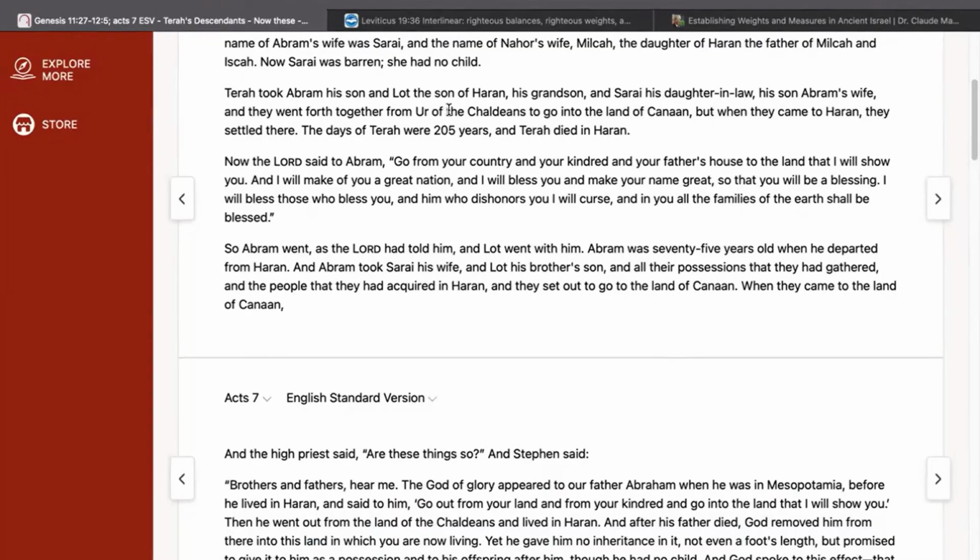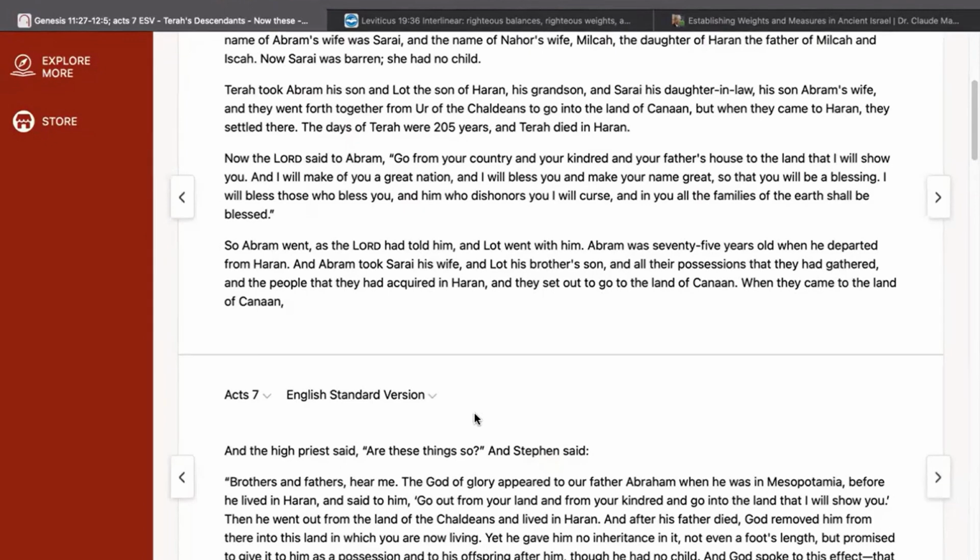Okay, so they left southern Mesopotamia to go to the land of Canaan. All right, so they're trying to go to the land of Canaan, where they are now. Before, they lived in Haran, right?